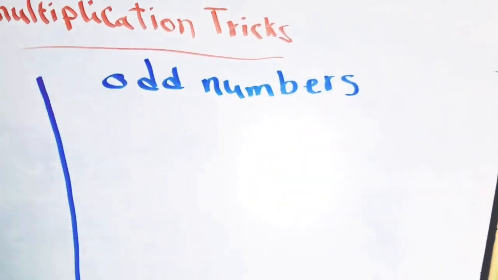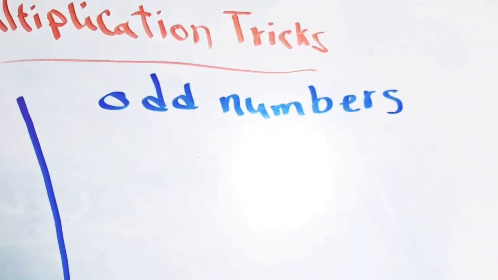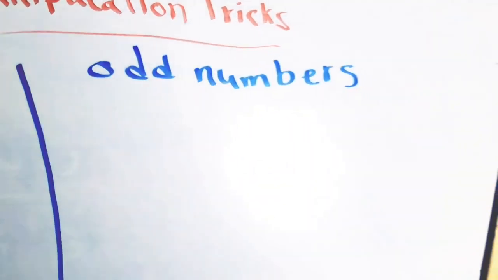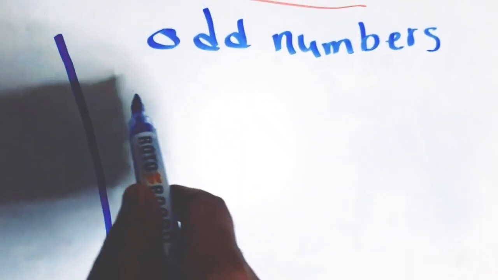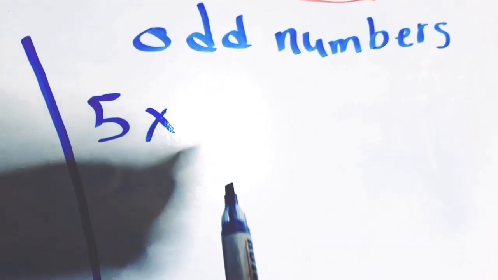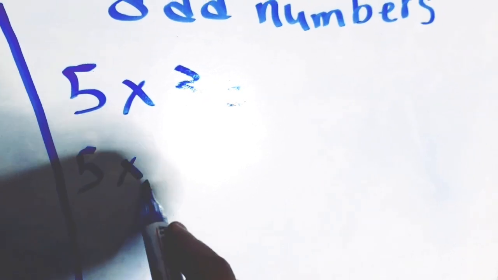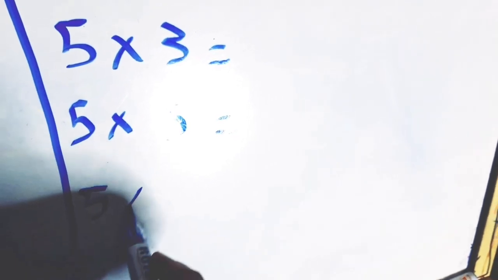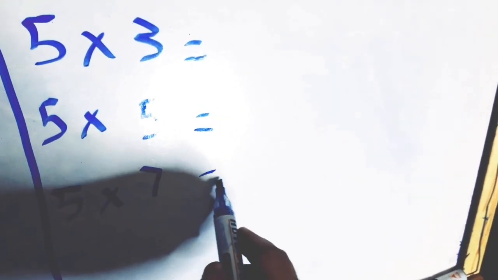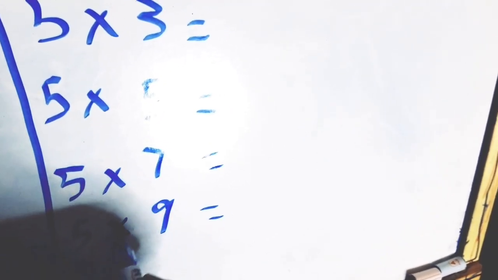On the other hand, when we come to multiply 5 by odd numbers, what will we do here? Let's take some examples to learn this trick. 5 times 3, 5 times 5, 5 times 7, 5 times 9.